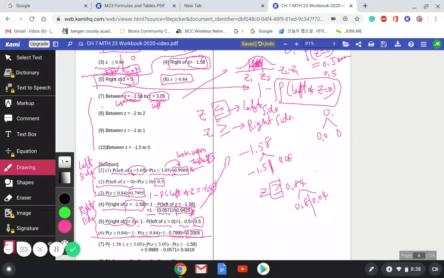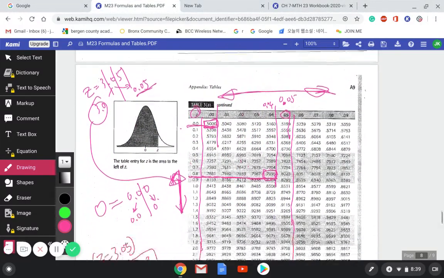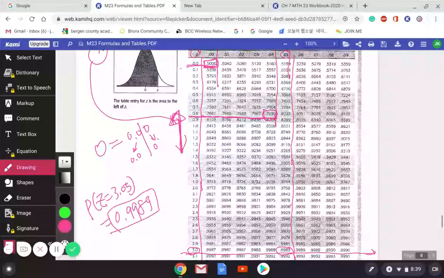So we're going to do left of 3.05 minus left of negative 1.58. 3.05 means 3.0 with a 0.05. Going back to the table, 3.0 with 0.05, we found 0.9989.